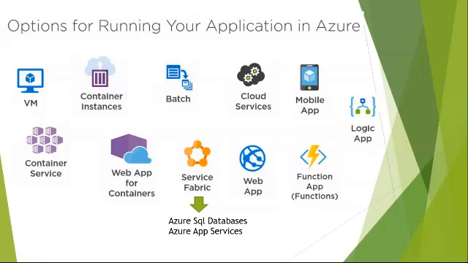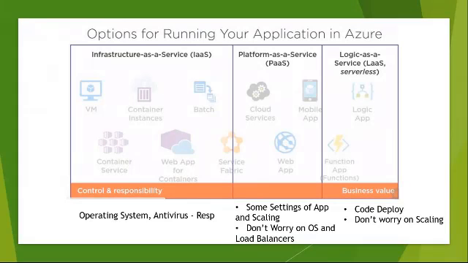So whenever you have this kind of requirement, that's when you will say Logic App or Function App. If you want to segregate these things, this is how they are segregated. All of your VM and container services, they are blurred, I understand, because our concentration is more on IaaS and PaaS. All of these, VM, container, batch, and everyone, come under IaaS, which is infrastructure as a service.